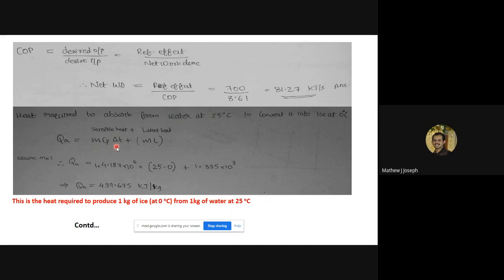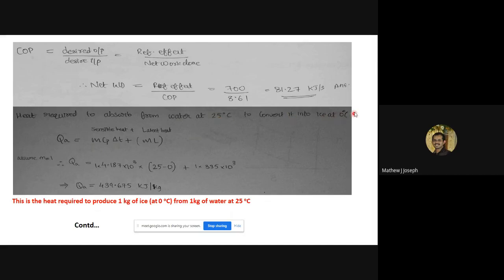So m Cp delta T is the heat required to be absorbed to transform liquid water at 25 degrees Celsius to liquid water at 0 degrees Celsius. Now our water is at 0 degrees Celsius.